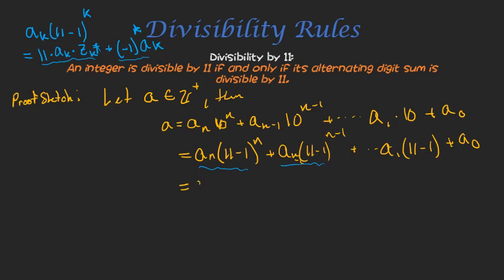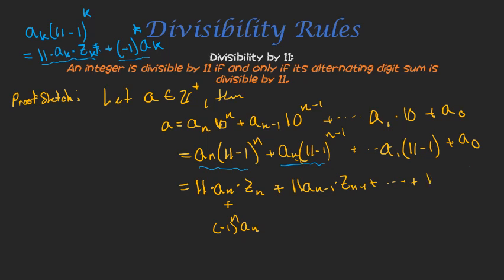So this is going to look like, and I'm going to do it in columns here, 11 times a_n times z_n, plus negative 1 to the n times a_n, plus 11 times a_(n-1) times z_(n-1). Again, I'm just keeping track that these are all multiples of 11.